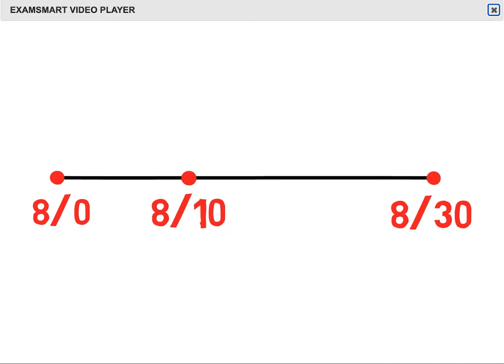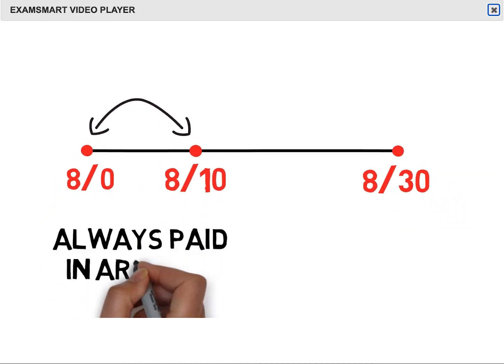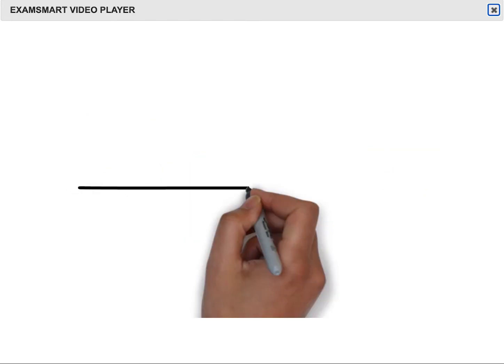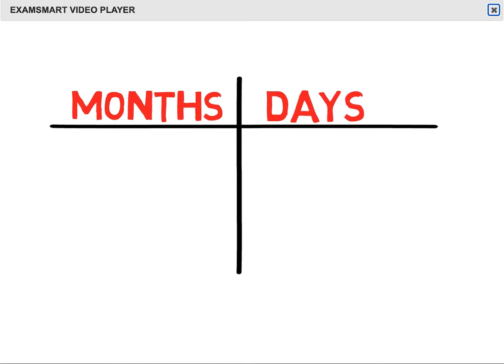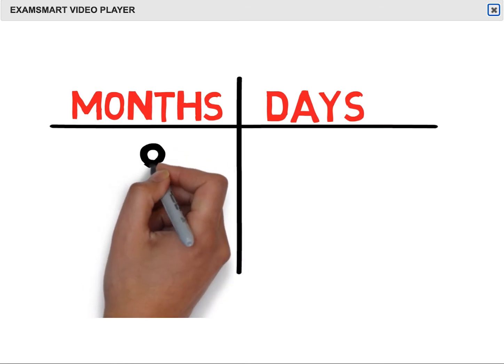In this case, the seller will owe interest from the 1st of August through August the 10th. Because again, that was never paid because it accrues and it's always paid in arrears. So let's set up our columns for months and days again. We always subtract the earlier date from the later date. So the first entry under the columns of months and days, under the months column, we'll have 8 for August.